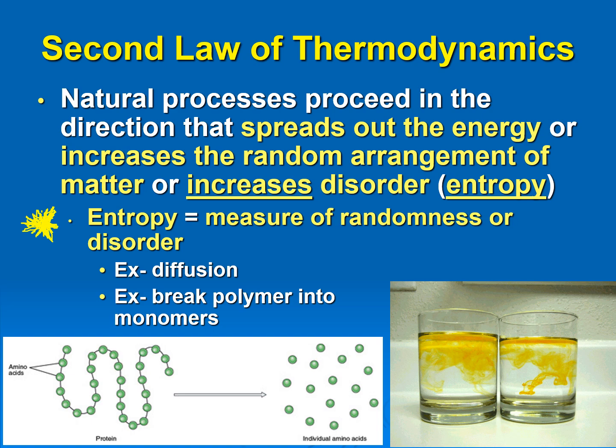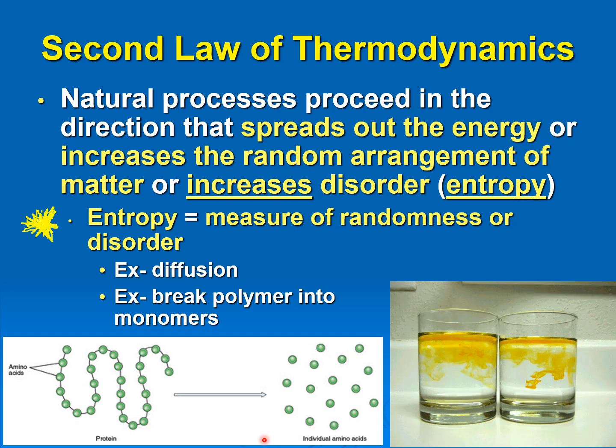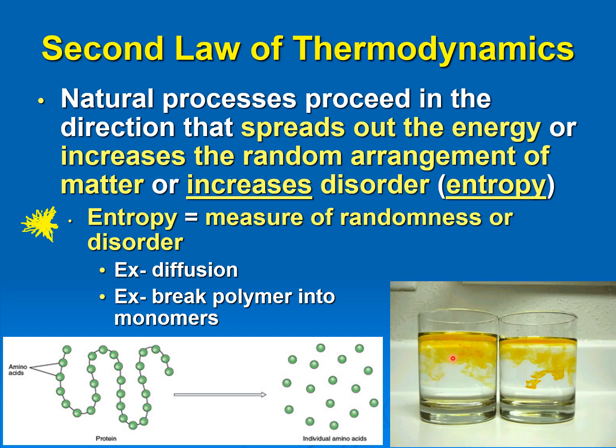And let's just take a look at a few examples of the second law of thermodynamics. So this first one, diffusion. If you put some food coloring into some water, it starts off with a drop of food coloring, and then the dye is just gonna spread out.